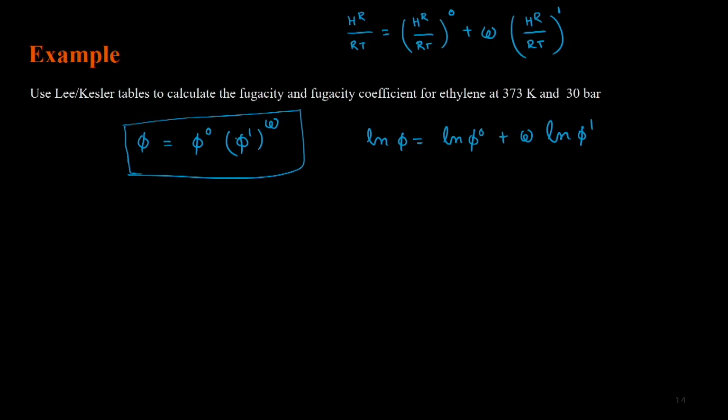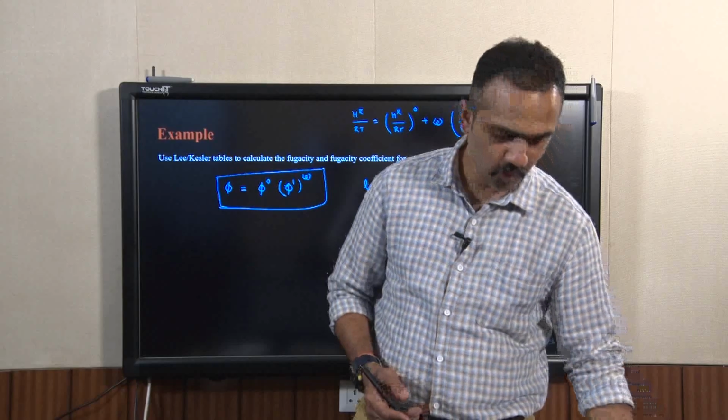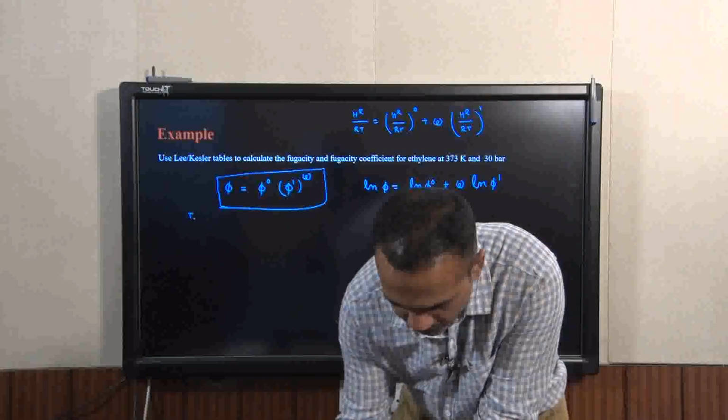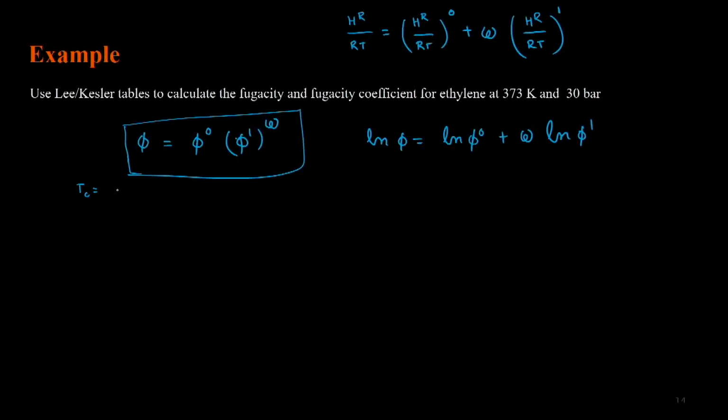Let's try to solve this particular problem using this idea. We're interested in calculating the fugacity coefficient again for ethylene at 373 Kelvin and 30 bar. At these conditions, the first thing we have to do is calculate TR and PR. If you recall, in the previous problem we said TC for ethylene is 282.3 Kelvin, PC is 50.4 bar, and omega is 0.087.